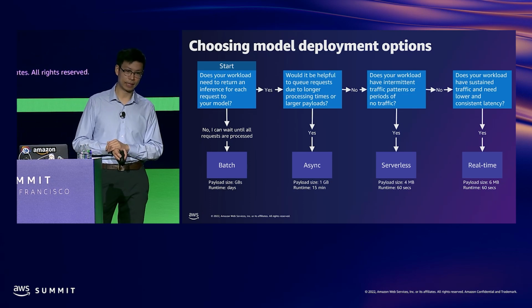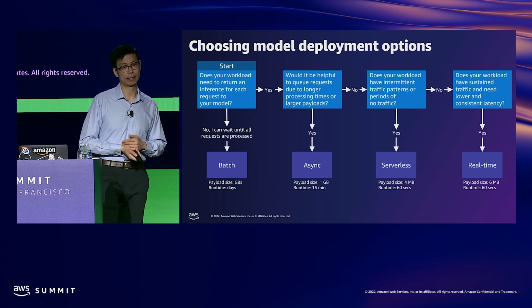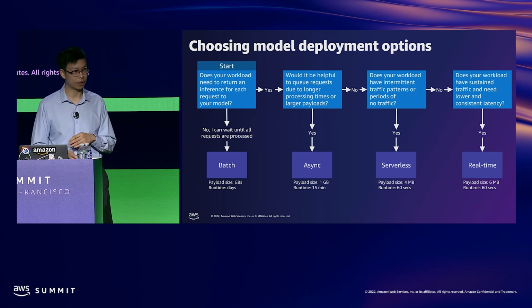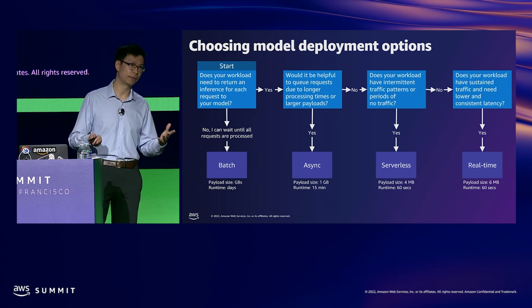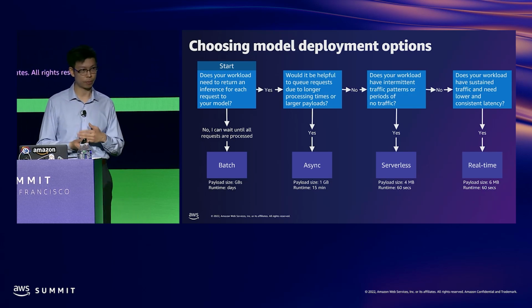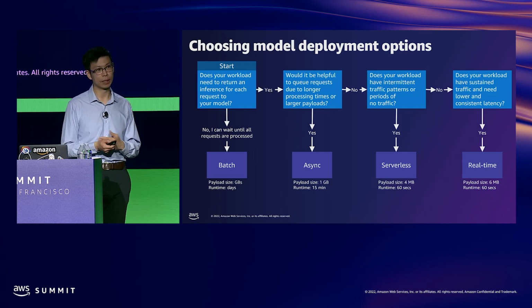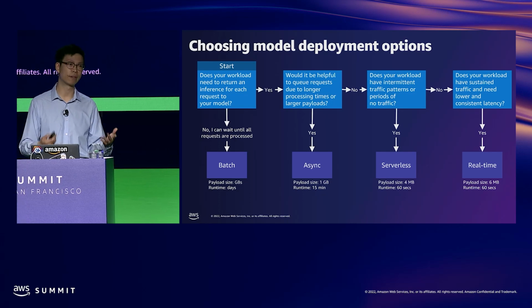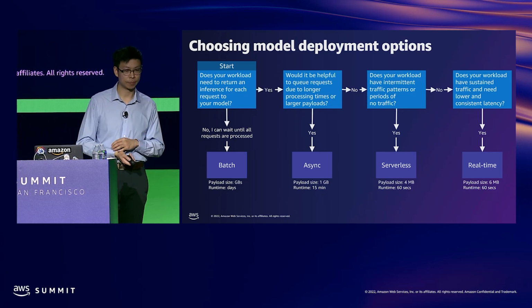Now, if your workload has sustained traffic or you need very low and consistent latency throughout the request, then real-time inference is the place to start because it always has an instance up and running. So it's always ready to serve your request. There's no latency to wait for the endpoint to scale.